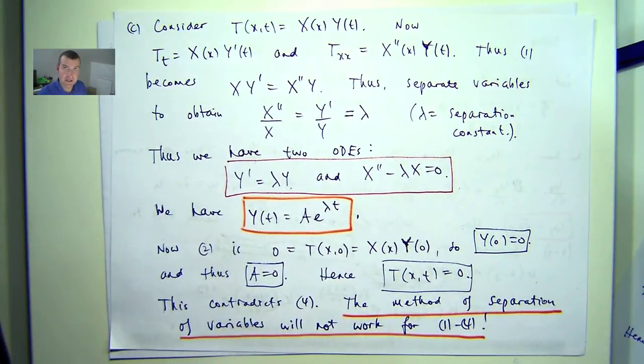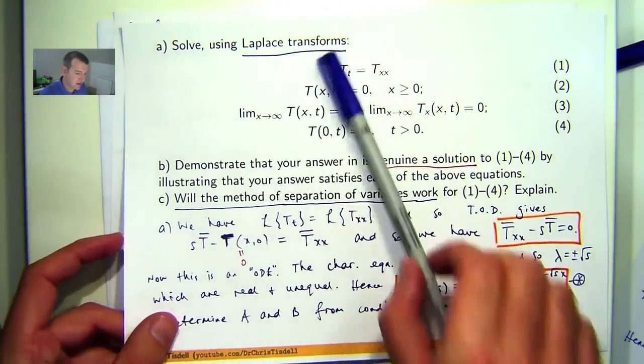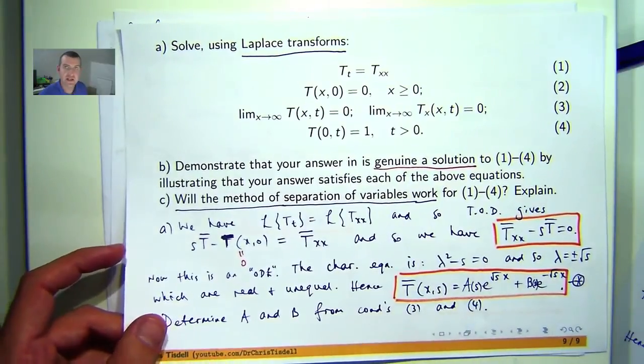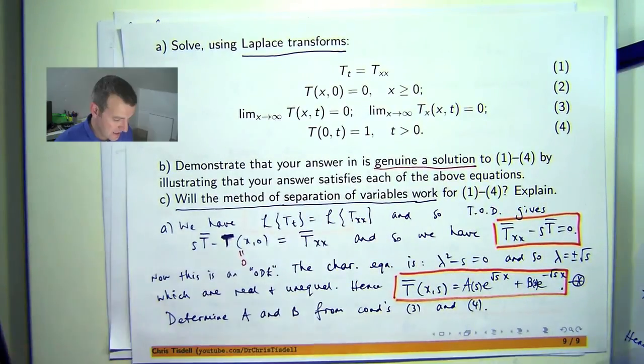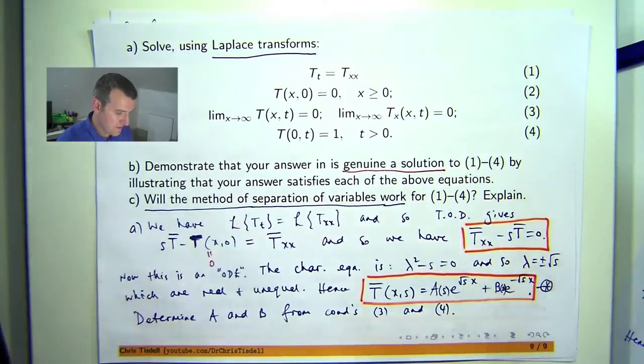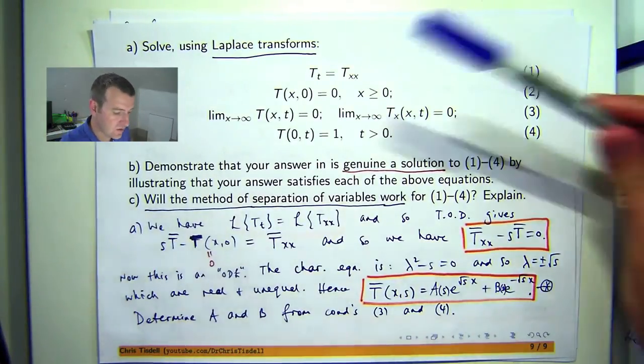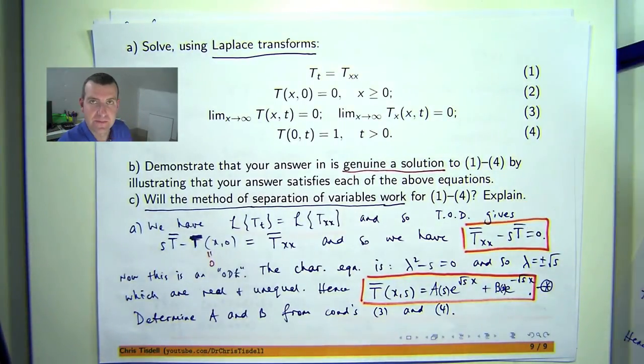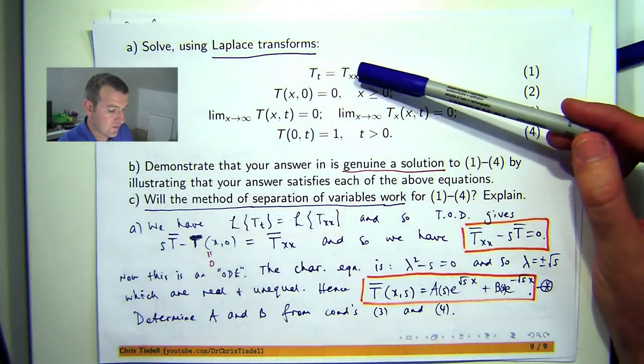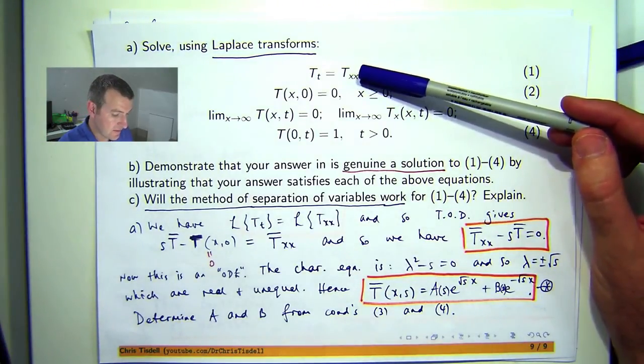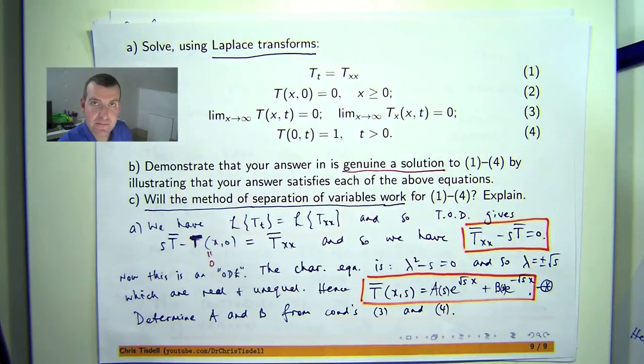Okay, so that's pretty interesting. We've now discovered something that Laplace transforms can do that the method of separation of variables can't do. Now, before I sign off, I just wanted to give you a little bit of insight into what this problem might represent. So we've got a heat or diffusion equation. Big T might represent the temperature at position x and time t of some semi-infinitely long bar.